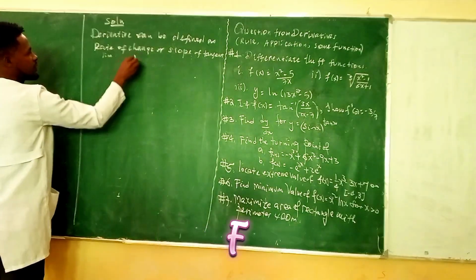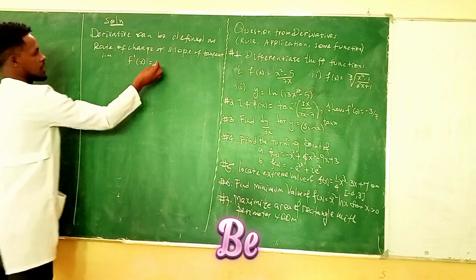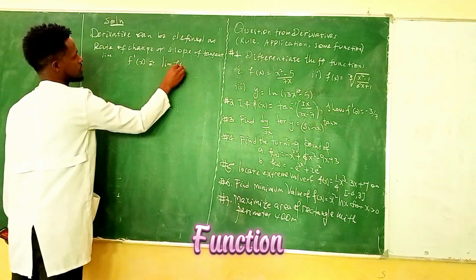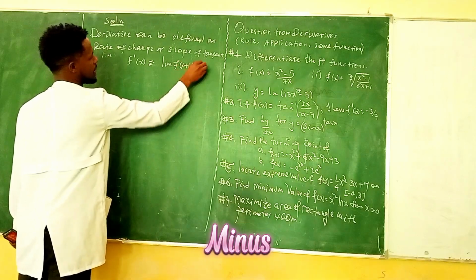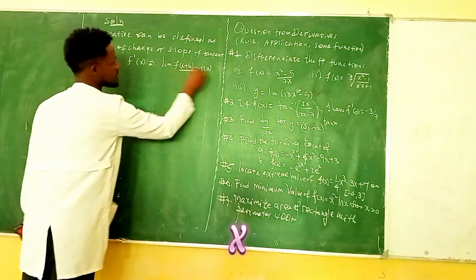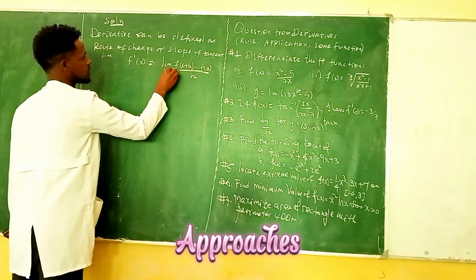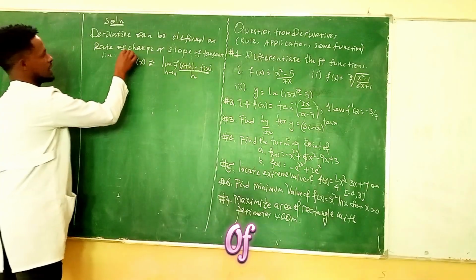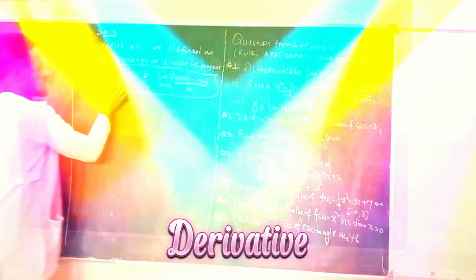Sometimes the derivative of f at x can be approximated by using the limit of f of x plus h minus f of x over h as h approaches 0. Okay, this is the definition of the derivative.